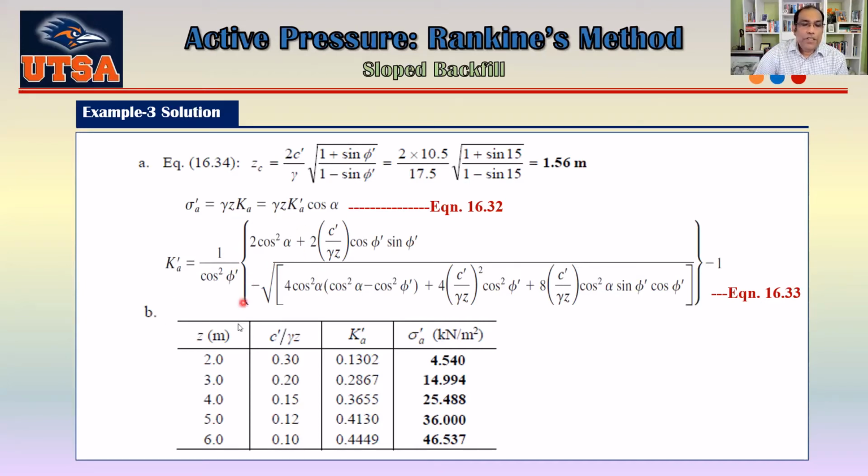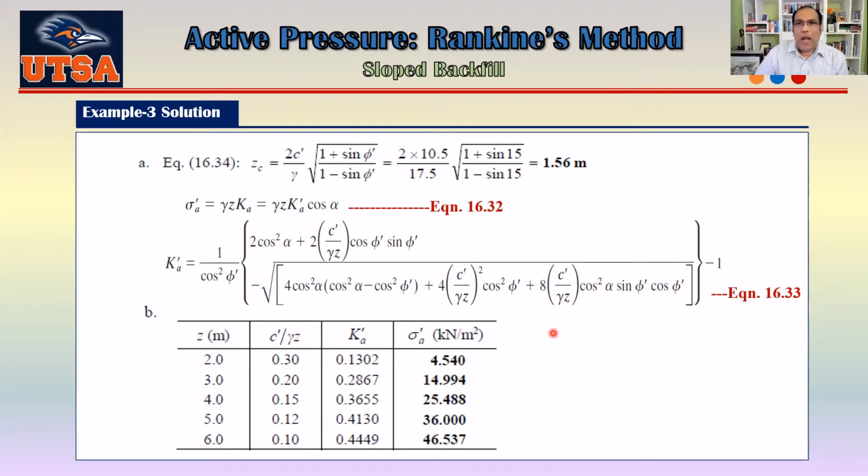So for second part, they are asking you to find out how your sigma A varies with your Z, means your depth. Okay. Now you can see for the generalized case, your Ka prime is basically a big function here, which is your equation 16.33. They have a table there to find out how to get your Ka prime. But actually, I also posted a Excel file there.